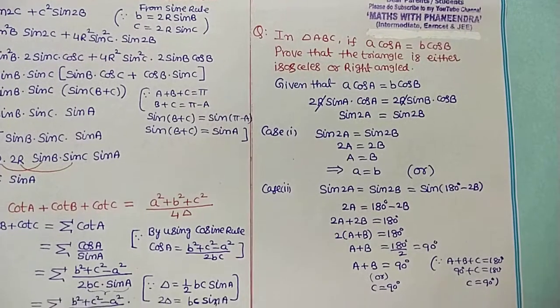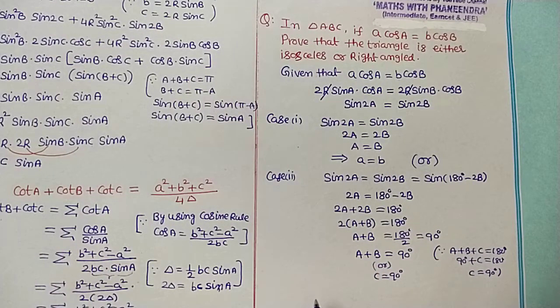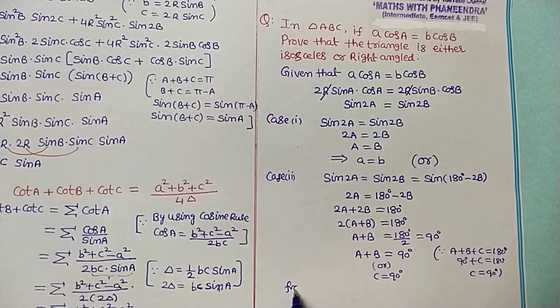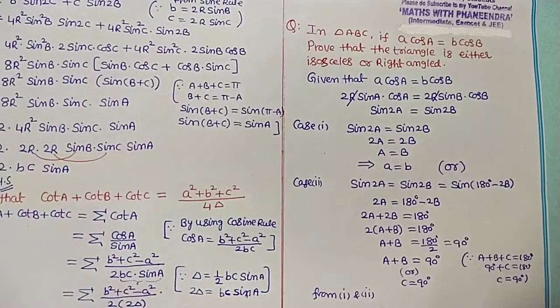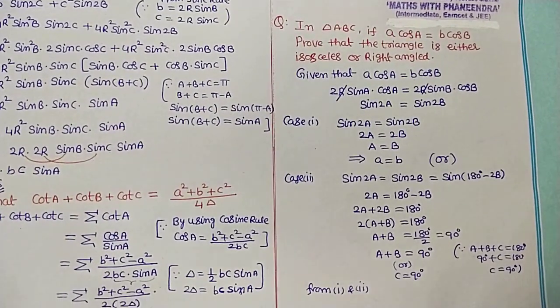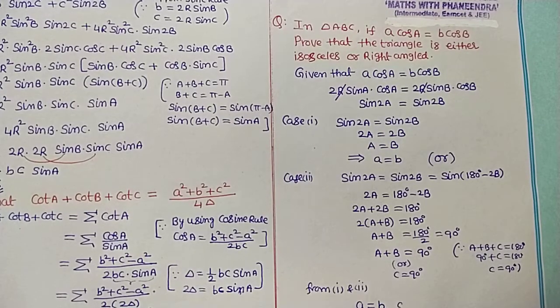Therefore, we got it here. From cases 1 and 2, A equal to B, or C equal to 90 degrees or A plus B equal to 90 degrees.